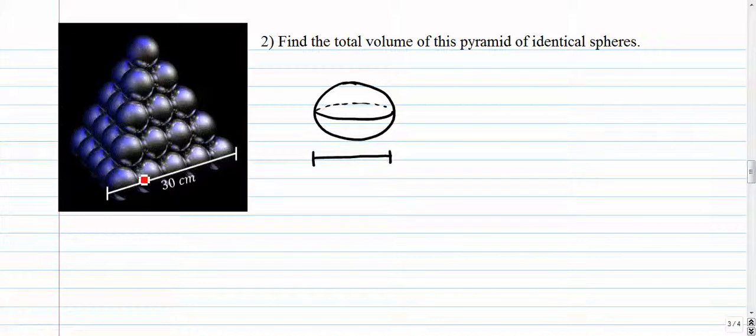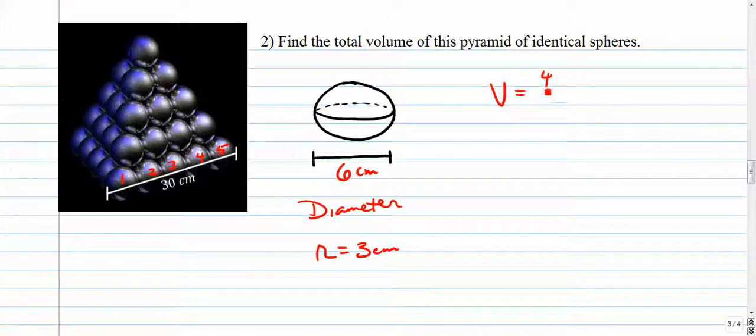So 30 centimeters is the distance across 1, 2, 3, 4, 5 spheres. Well, that means that 30 over 5, each one of them is 6 centimeters in diameter, which means the radius is 3.